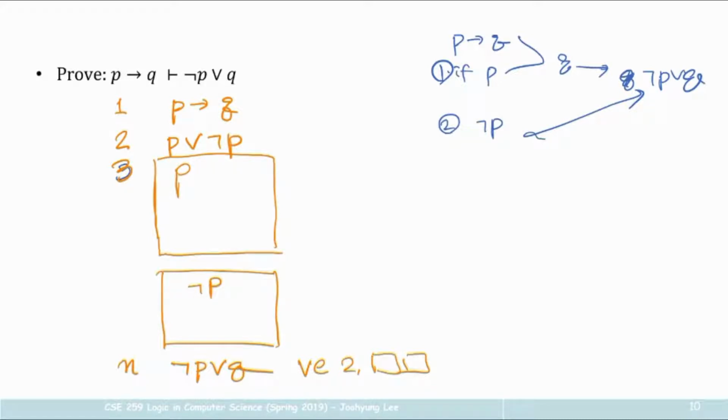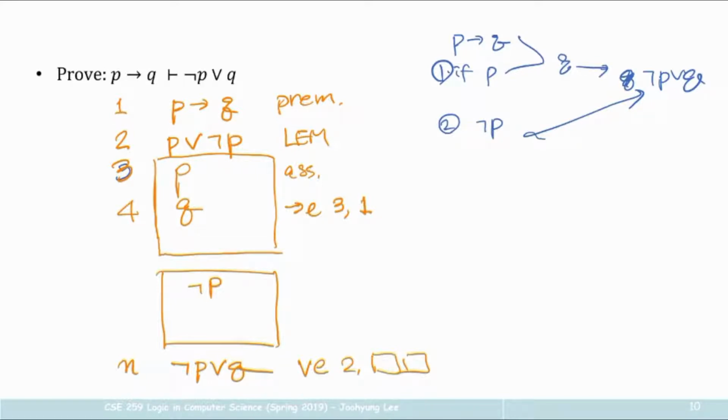Okay? When P is true, this is the assumption. Using 1 and 3, I can derive Q in line 4 by using implication elimination for lines 3 and 1.